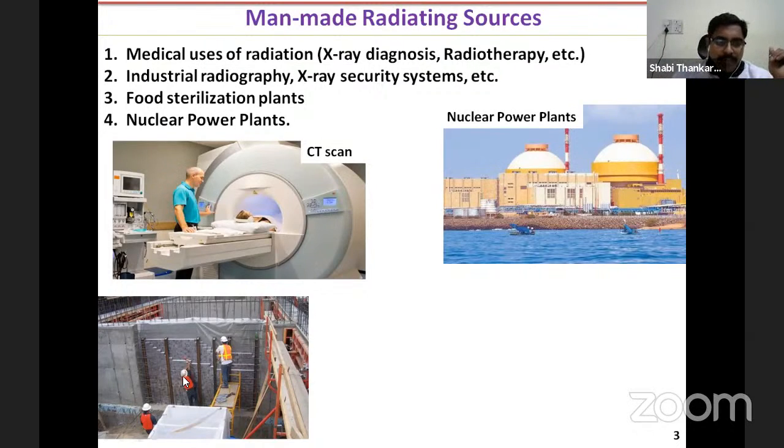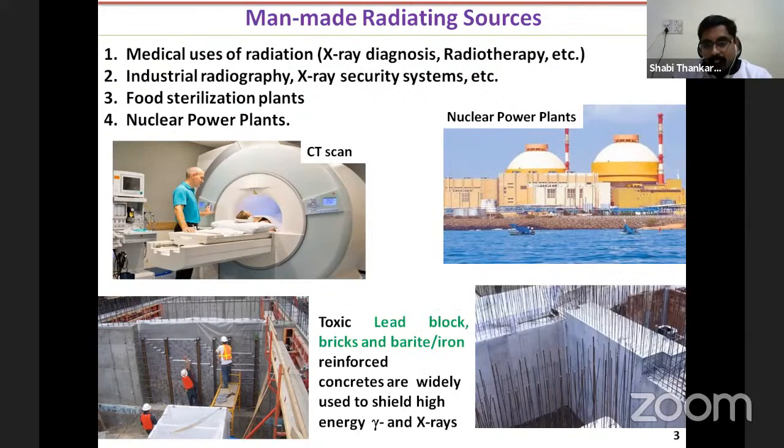Commonly they use lead bricks. A thick lead brick is sandwiched between two concrete walls. Otherwise, they use very wide concrete walls, 1 to 3 meters wide depending upon the energy of the radiation, to build such a radiation shielding structure.